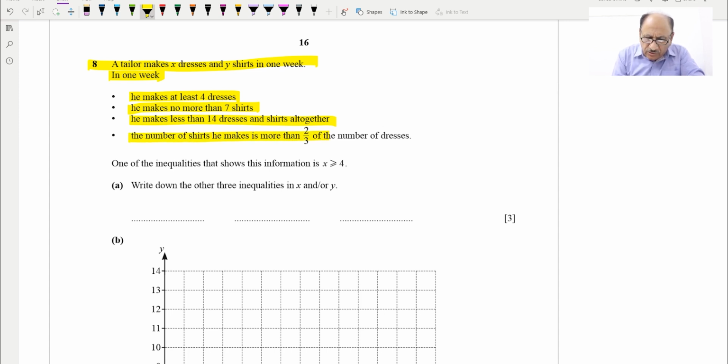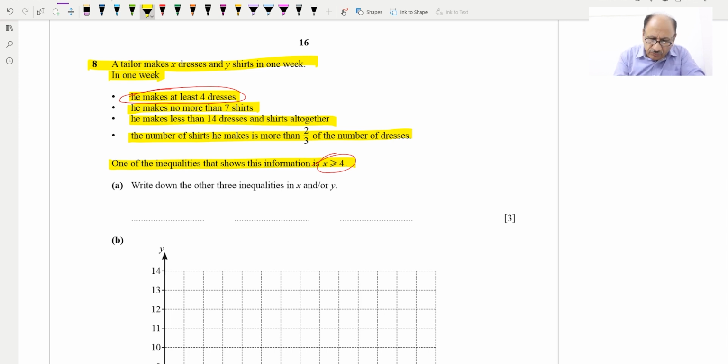The number of shirts he makes is more than 2 by 3 of the number of dresses. One of the inequalities that shows this information is x greater than or equal to 4, which is for this one. He makes at least 4 dresses, means x is greater than or equal to 4.